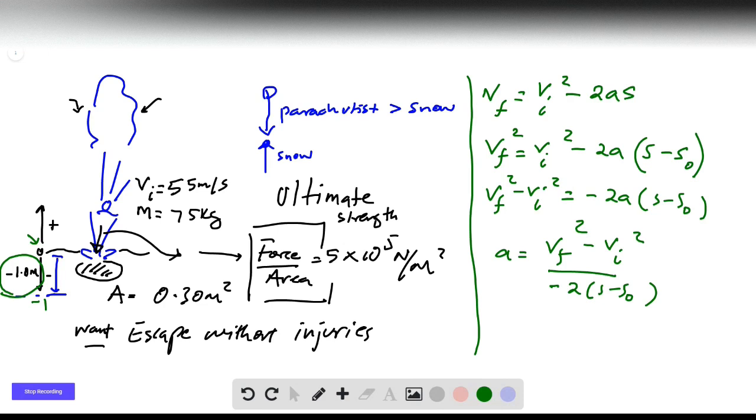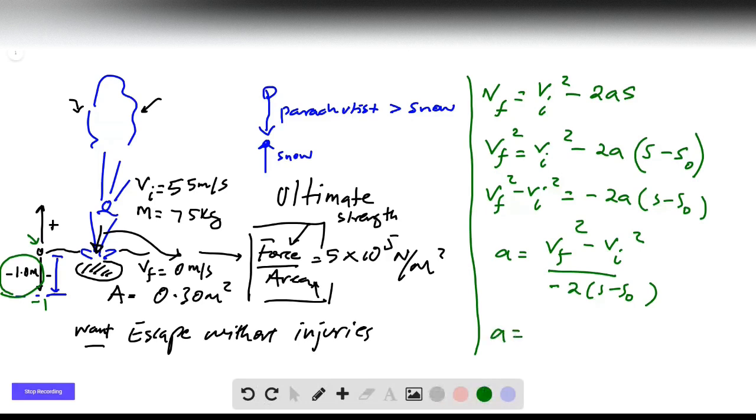Don't forget that the final velocity at impact, V final, is 0 meters per second. We'll plug in the actual numbers. We're getting the acceleration because we'll need it to compute the force per unit area, the ultimate strength of the snow opposing the parachutist.